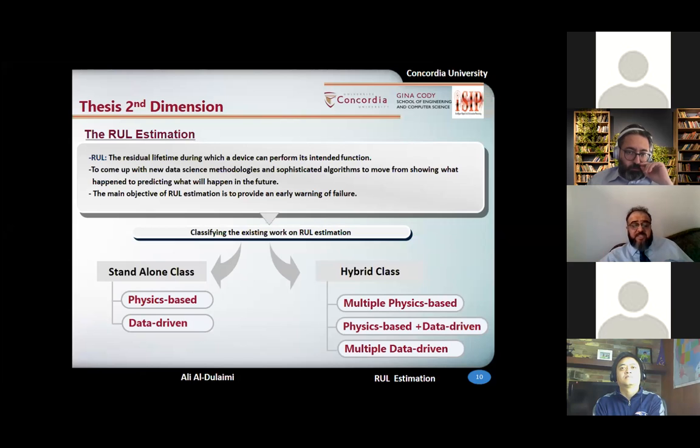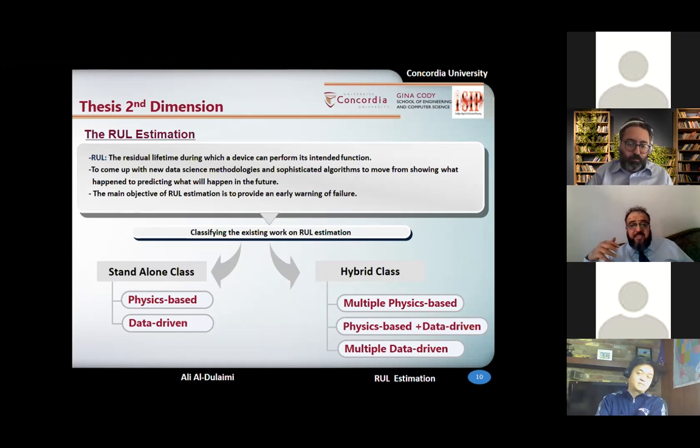The leading industrial and manufacturing companies try to use the advancement in predictive analytics and machine learning to come up with new data science methodologies and sophisticated algorithms, basically to move from showing what happened, which is the traditional way of maintenance, to predicting what will happen in the future, which is the new phase of prognostic health management, the predictive maintenance. So the main objective of RUL estimation is to provide an early warning of any failure.